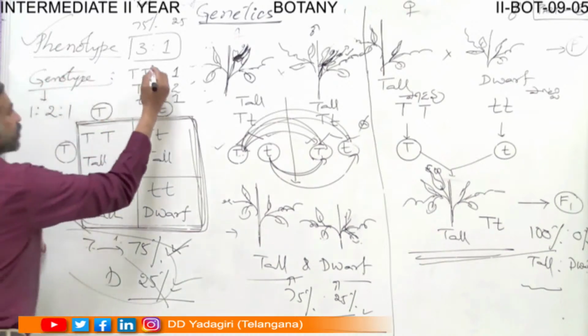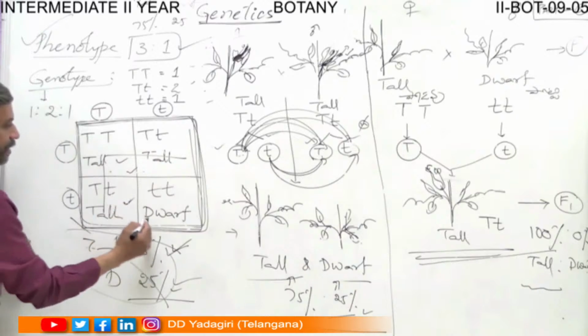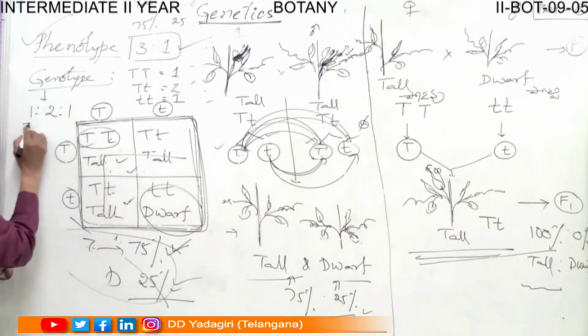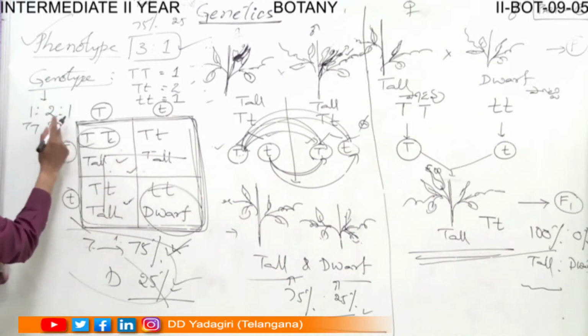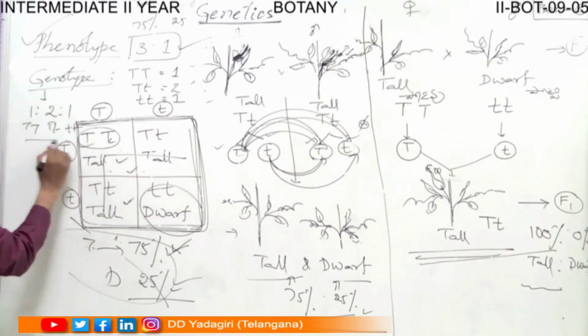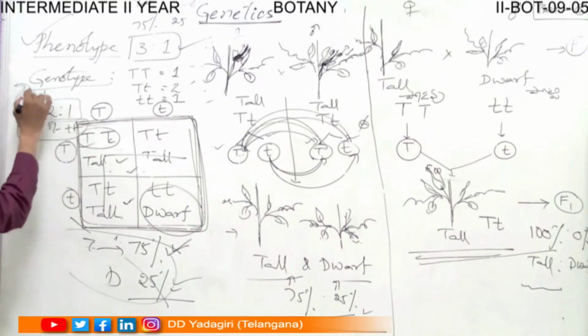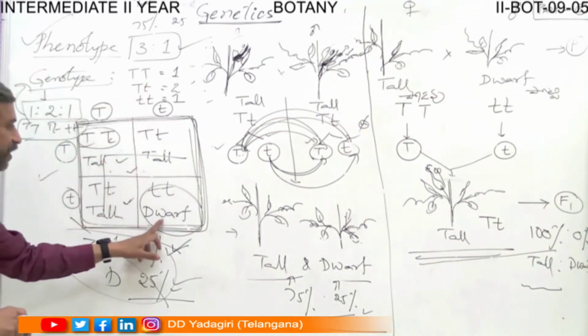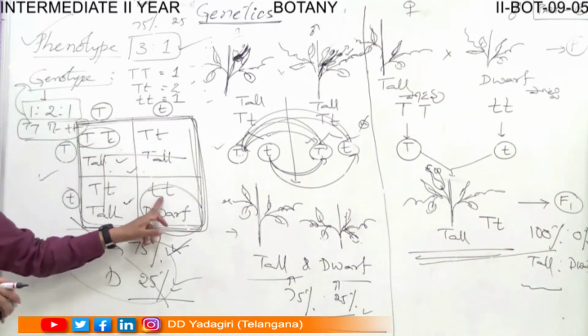But the phenotypic ratio is 3:1, 3 tall plants, 1 dwarf plant. Whereas the genotype has 1 capital T capital T, 2 capital T small t and 1 small t small t. So this will become the genotypic ratio of F2 plants in Mendel's monohybrid cross. జన్యురూప నిష్పత్తి 1:2:1 అవుతుంది జన్యువులు బట్టి జీనోటైప్ ని బట్టి.